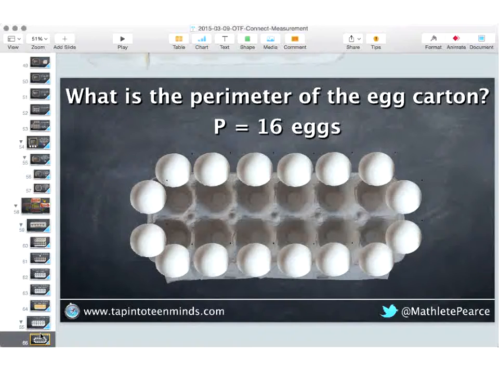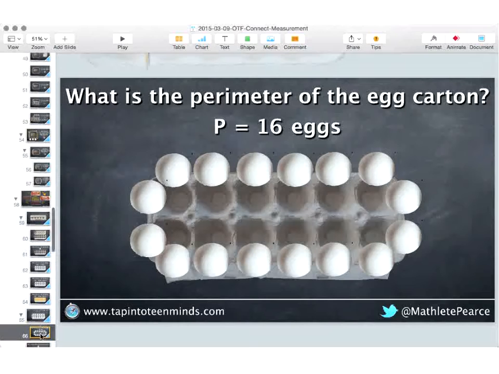Oftentimes it can be really useful to use actual physical objects, and you can do these types of activities in your classrooms using erasers around the desk or whatever it might be, because ultimately students are using a ruler, and that's kind of abstract. The idea of a centimeter is abstract, comparing it to an actual object where they can really get a sense for how many of those objects it would take. So excellent stuff on the 16 eggs.